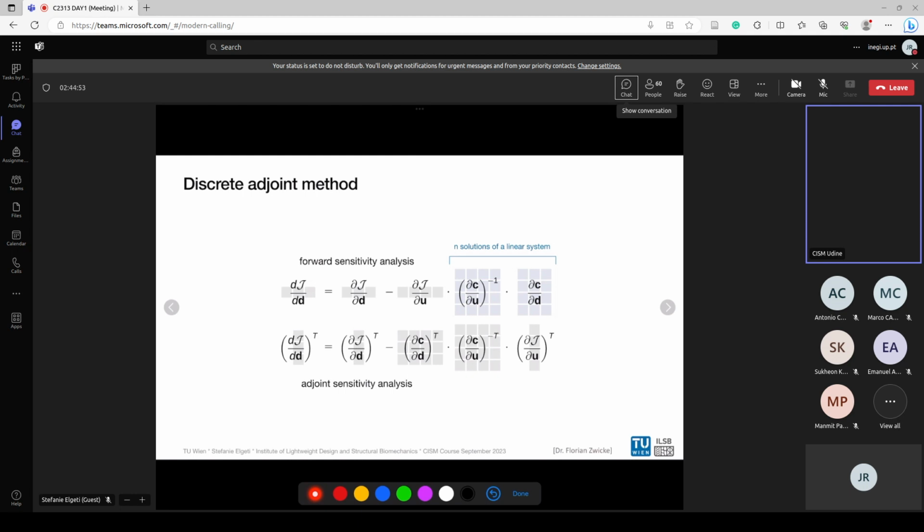So this is a big effort, which can be changed easily if we take the transpose and then come to adjoint sensitivity analysis. So down here at the bottom, we have exactly the same thing, just transpose of everything. And then this reduces to one solution of a linear system. So it's always advisable to use this version here.